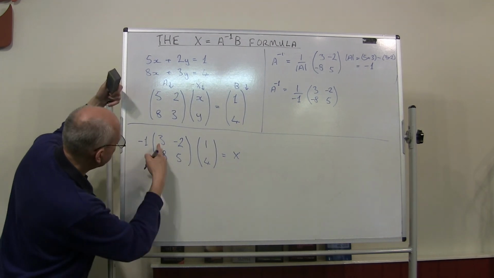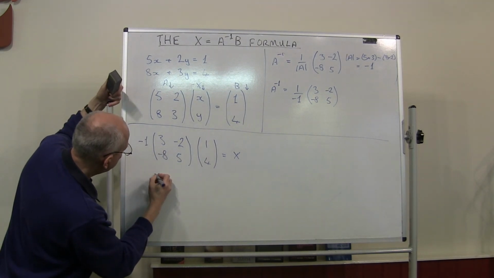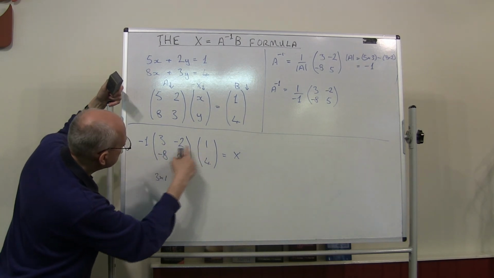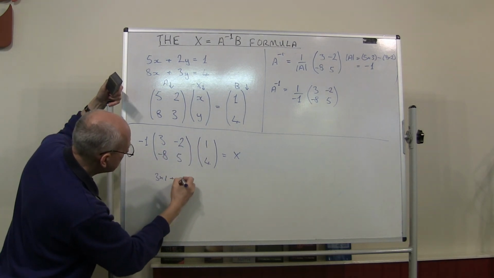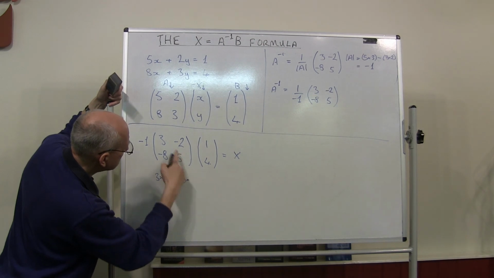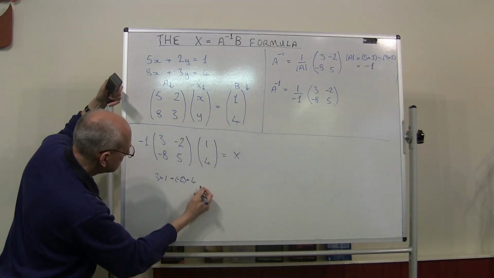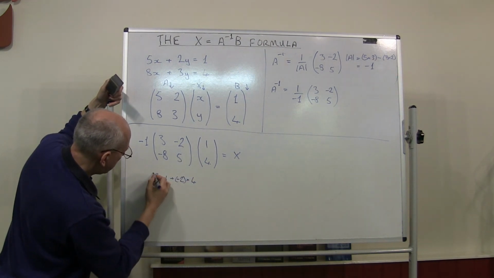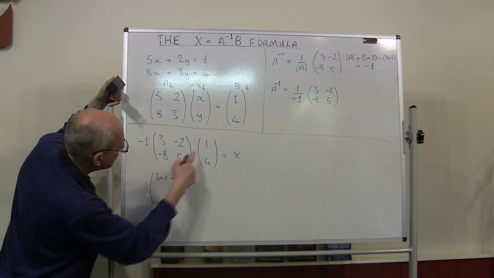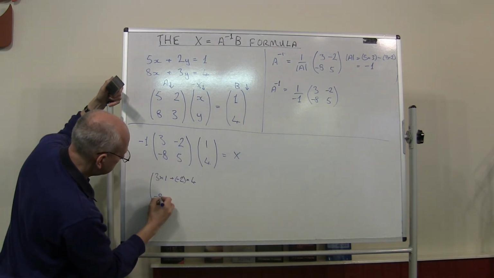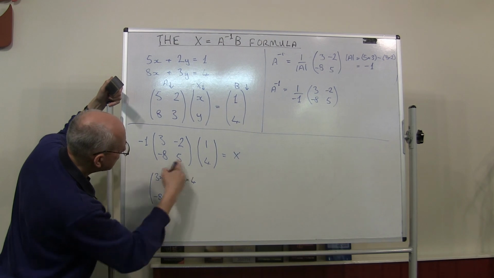Right, let's see what we've got. So 3 times 1, minus 2 times 4, all over minus 8 times 1 plus 5 times 4.